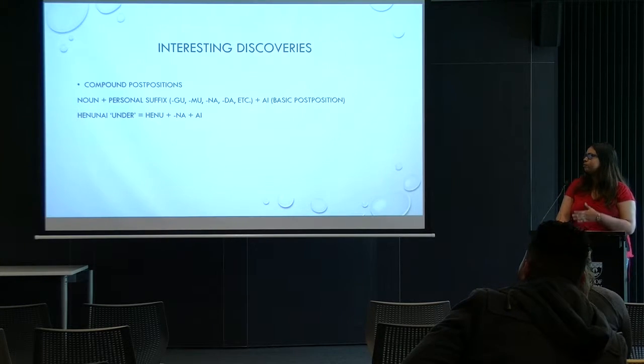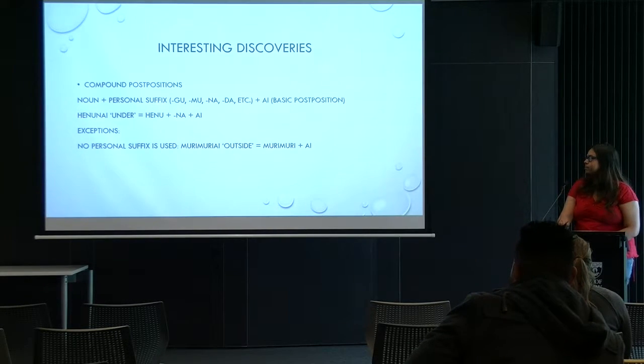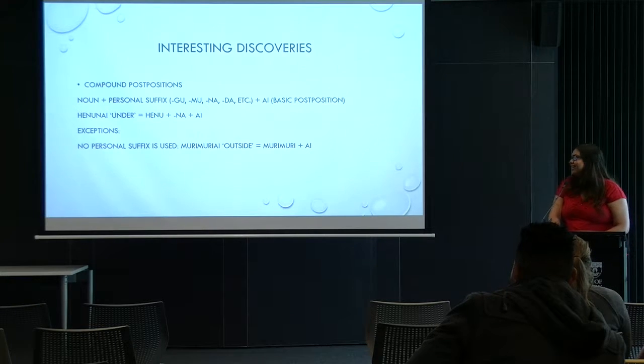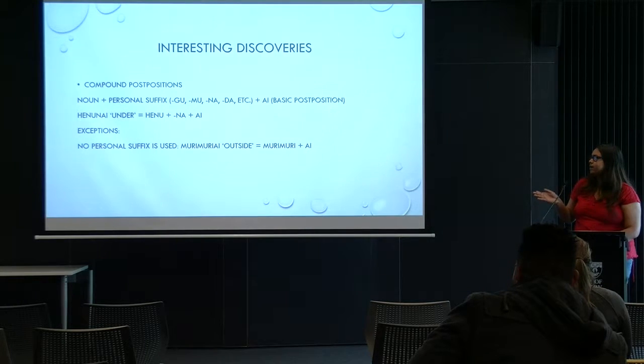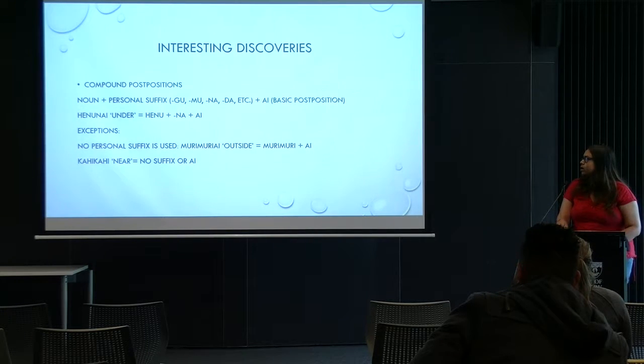That's henu plus na plus I. But then there were a lot of exceptions. In some, no personal suffixes were used, like murimuriai, which is outside. It's just murimuri plus I. There is no na or any other personal suffix. And in something like this, there is no suffix or any basic postposition.